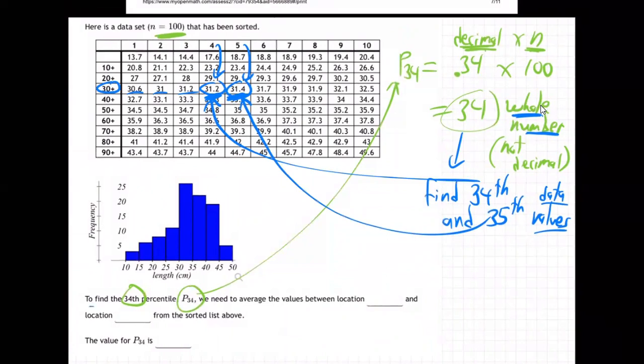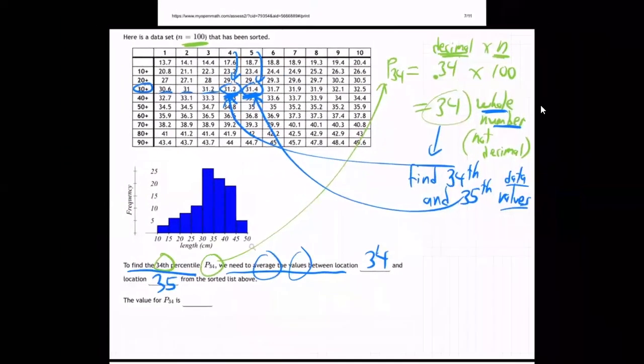So what does this say? To find the 34th percentile, we need to average the values between location 34 and location 35, don't we? So what is the average of those values? Well, you take the first one, 31.2. That's right here.